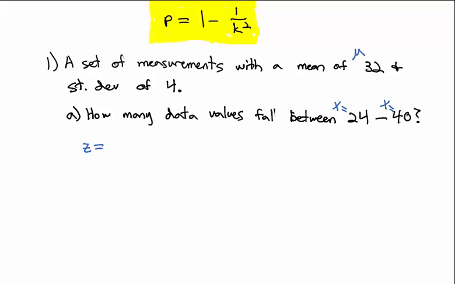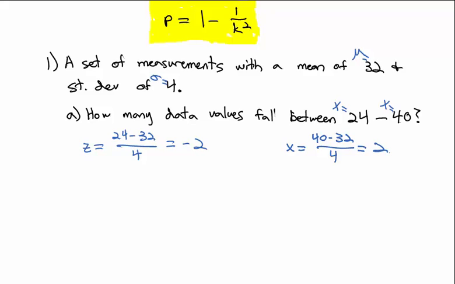32 is the mean. 4 is the standard deviation. So we do X is 24 minus the mean of 32 divided by the standard deviation of 4. 24 minus 32 divided by 4, that's negative 2. And you'll notice if you do it for the other value, 40 minus 32 divided by 4, that's 2 standard deviations away.